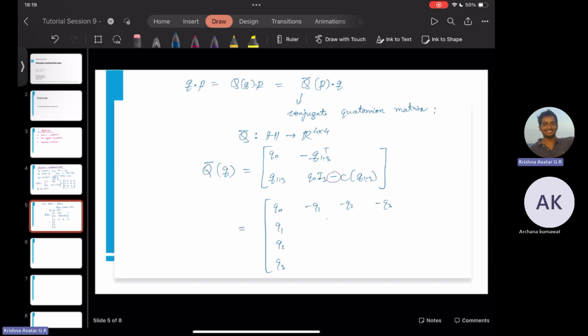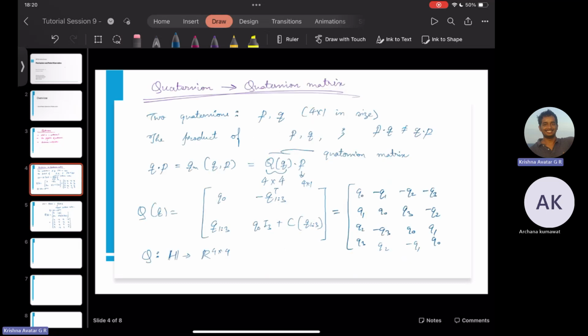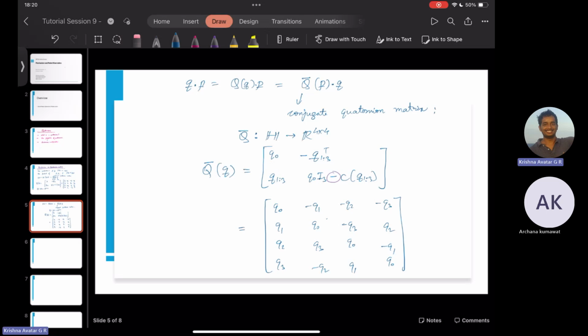And then we have Q naught, Q naught, Q naught. Then we have minus Q3, plus Q2, minus Q1. Then likewise Q3, minus Q2, Q1. So these are our, so to speak, the equivalent matrices, right?